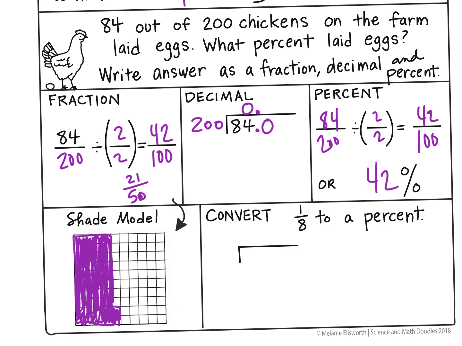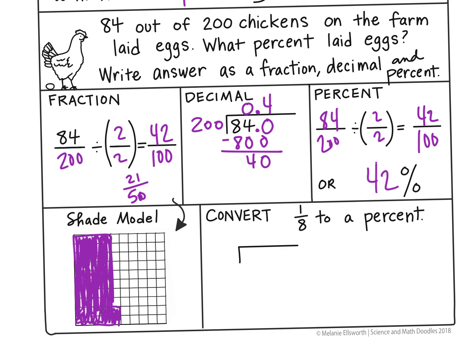By adding a decimal and a 0, I can now continue the division. 200 goes into 840 how many times? 4 times. What is 200 times 4? 800.